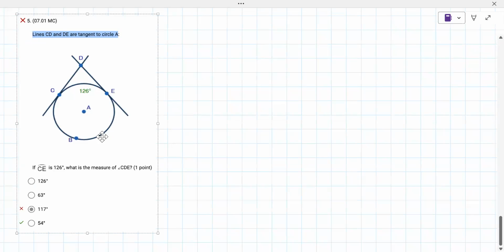CE is 126. What is the measure of angle CEE?